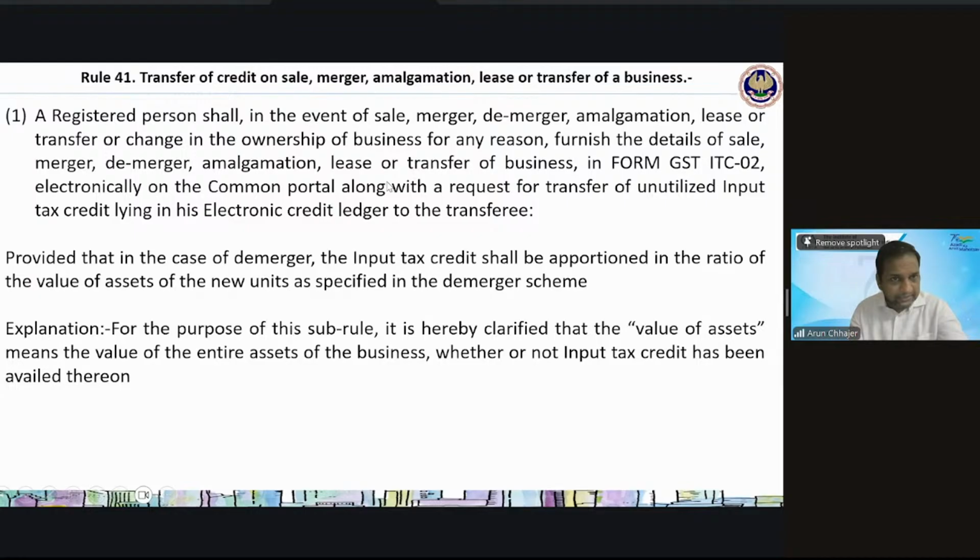In calculation of the ratio, you will take the total value irrespective of whether you have taken the ITC or not.